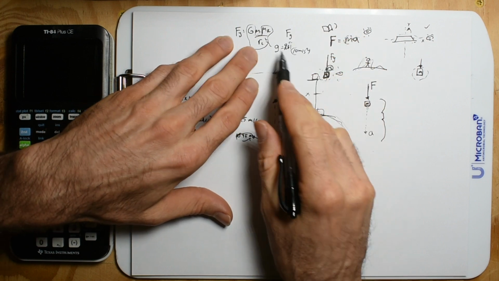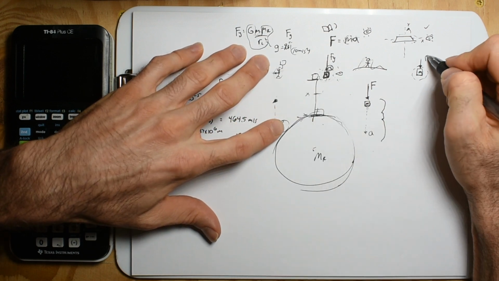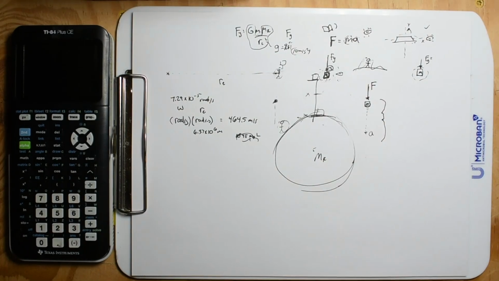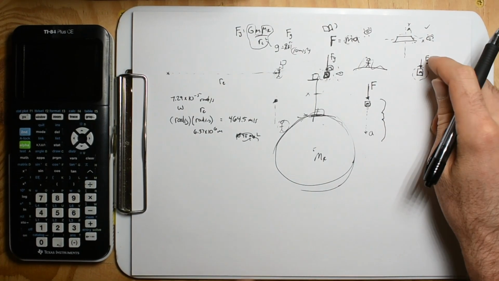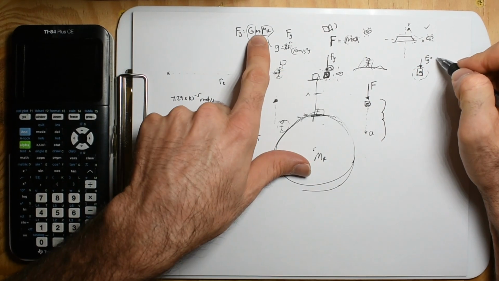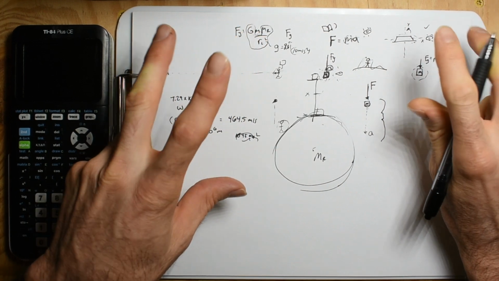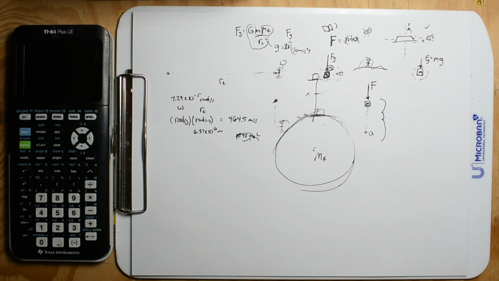It's all the same thing. And so you're going to have a force of gravity equal to the mass times the acceleration of gravity.